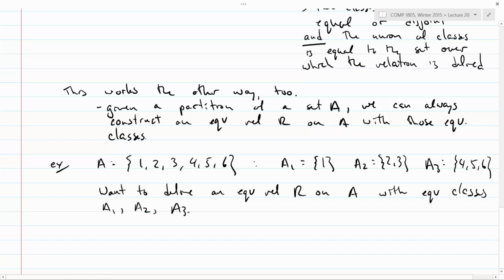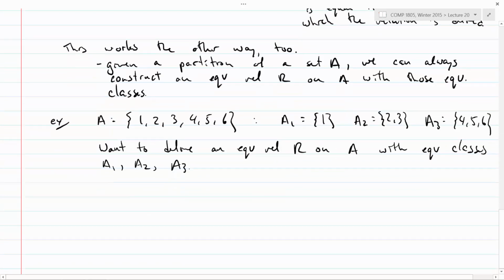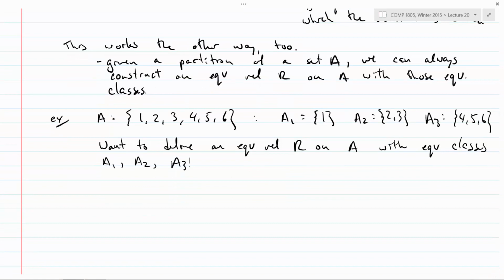So this is the opposite problem, right? Initially, we were given a relation and we wanted to figure out what the equivalence classes were. Now I give you the equivalence classes, I want to know what relation has those equivalence classes. All right, so the way you do this is you define a mini relation over each one of the sets in that partition, and then you take the union of all those three things.